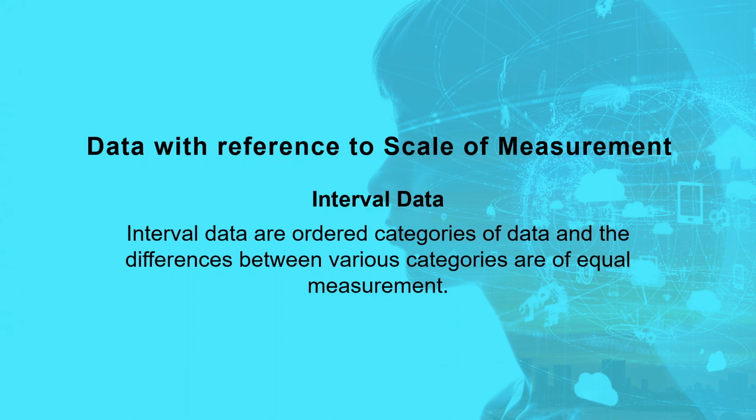After assigning a numerical value to the IQ of each child, the data can be grouped with intervals of 10, like 0 to 10, 10 to 20, 20 to 30 and so on. In this case, 0 does not mean the absence of intelligence, and children with IQ 20 are not doubly intelligent compared to children with IQ 10.